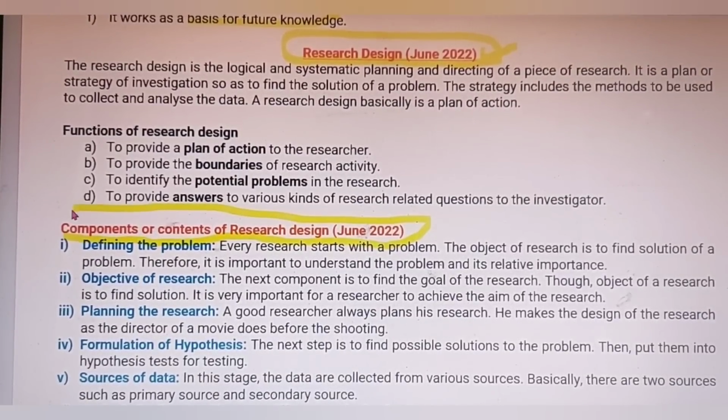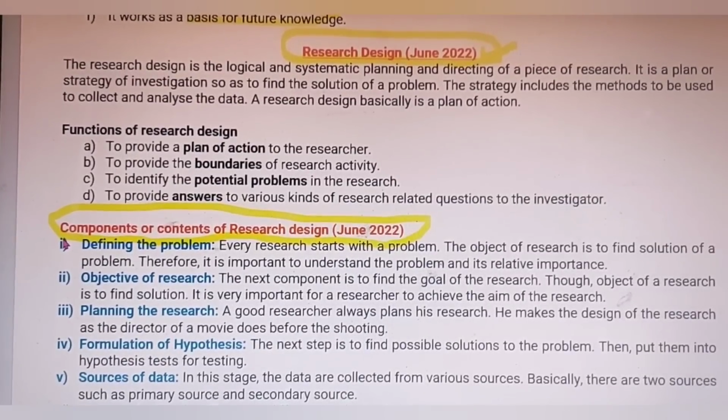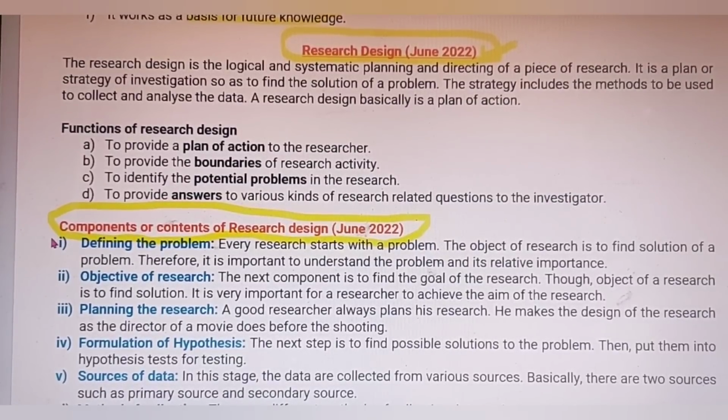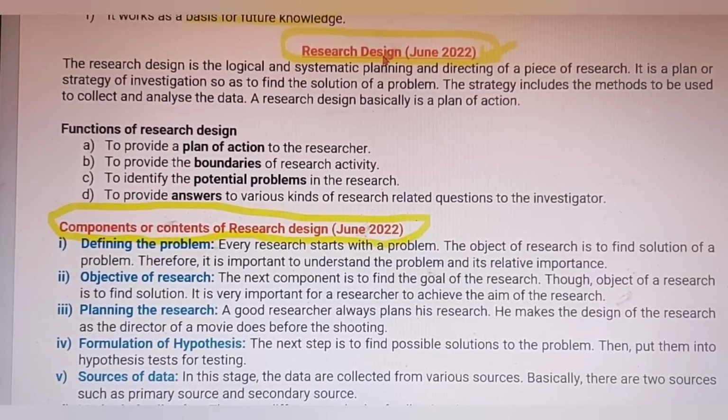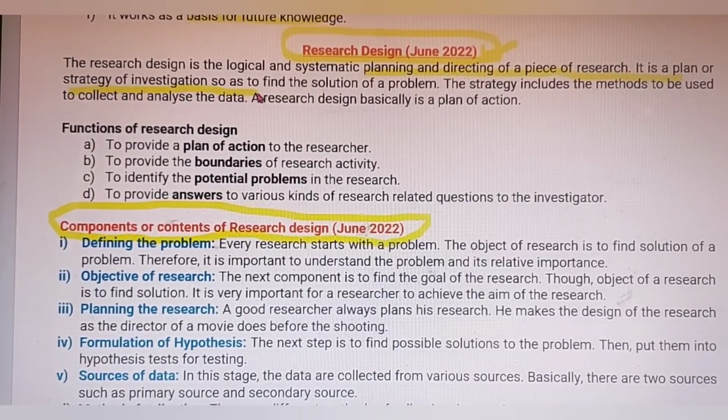So let's just brief it. Research design is nothing but a logical and systematic planning and directing of a piece of research. It is a plan or strategy of investigation so as to find the solution of the problem.